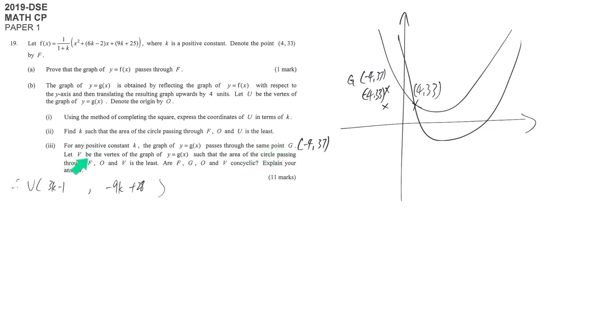After that, they say that V is the vertex of the graph. The red line is y equal to gx. V is the vertex of the graph. I have no idea why they need to use another label, but we just refer to U here, no difference at all. Such that the area of the circle passing through F, O, V is the least.